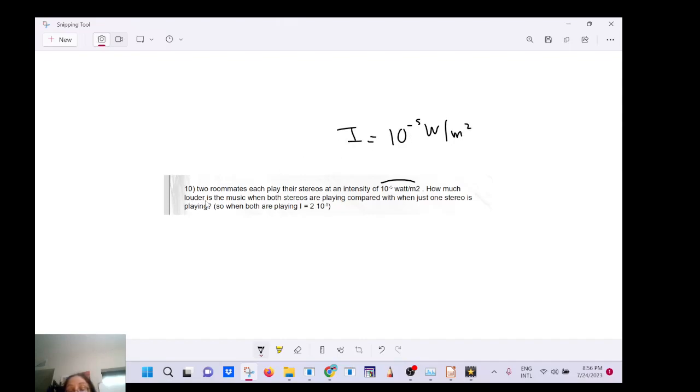How much louder is the music when they are both playing their stereos? How much louder means the difference in decibel. If it's 1, just 1, that's what you get. If it's 2, you get twice that much, because you have twice the amount of energy.